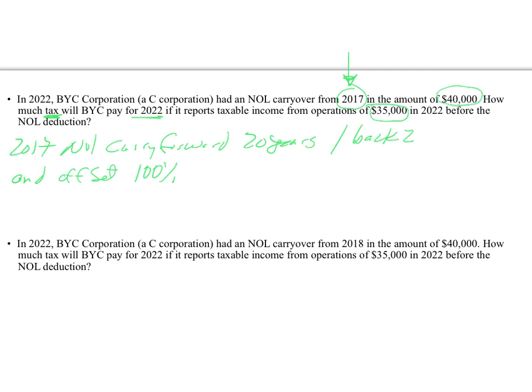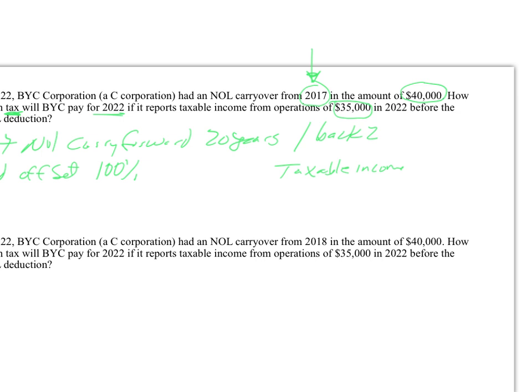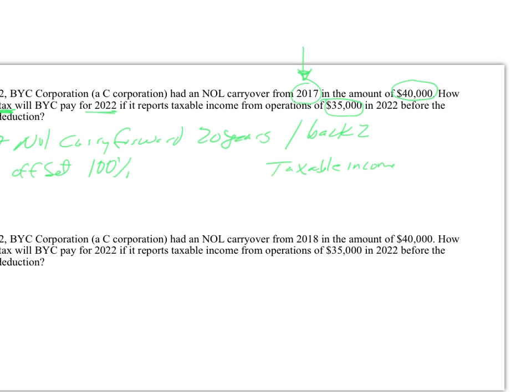So taxable income before our NOL, and I'm going to change colors here. I should have changed colors a minute ago, is $35,000. Our net operating loss carry forward can be $35,000.